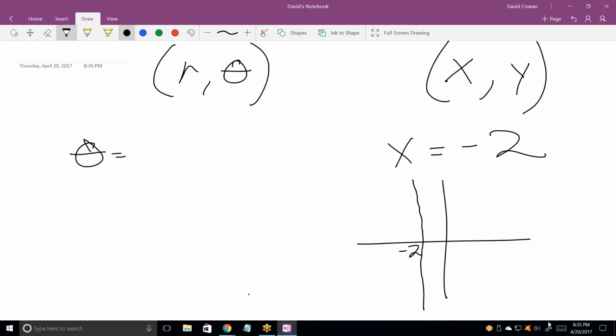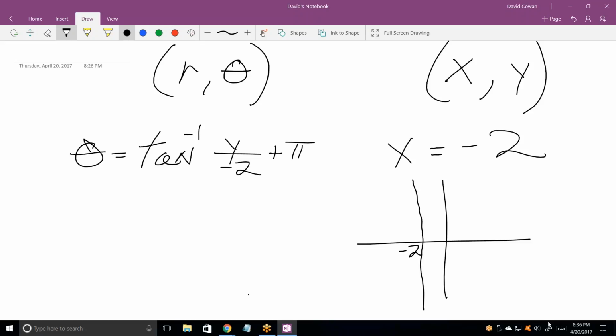So theta equals the inverse tan of, there's no y, but it's y over minus 2 plus pi. Nah, my mind is drawing a blank here. X equals minus 2.